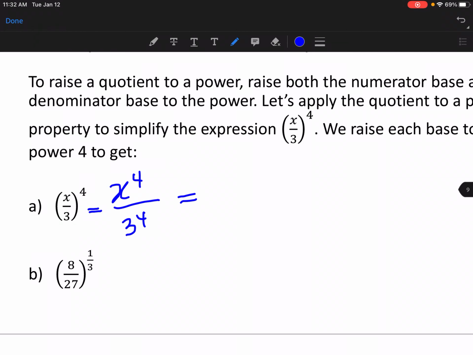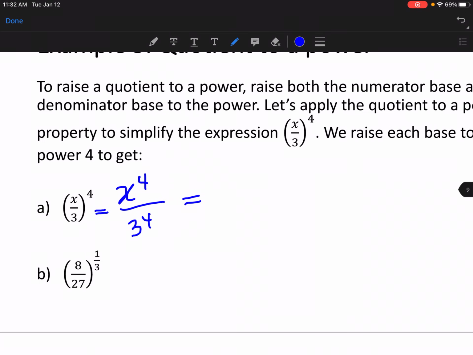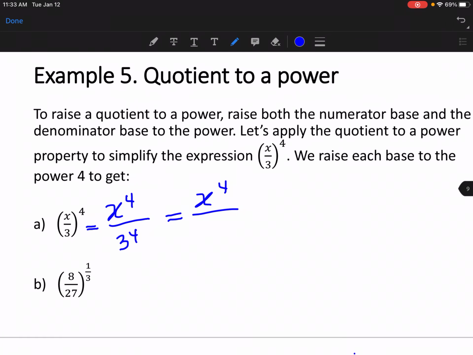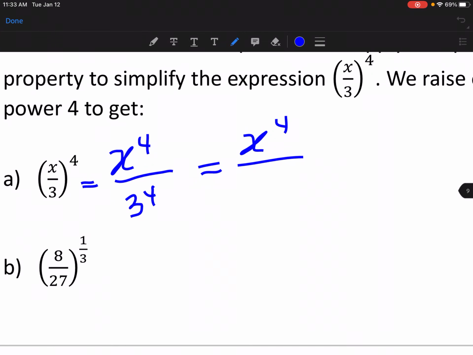X to the 4th will still be x to the 4th because it's a variable. And then 3 to the 4th means I multiply 3 4 times. 3 times 3 is 9, 9 times 3 is 27, and 27 times 3 is 81. So x to the 4th over 81.